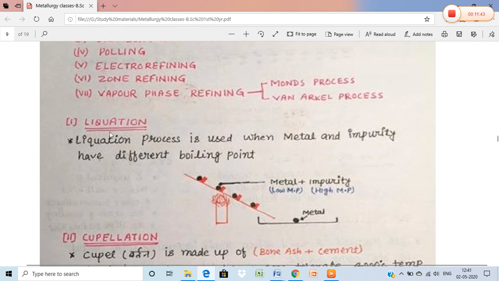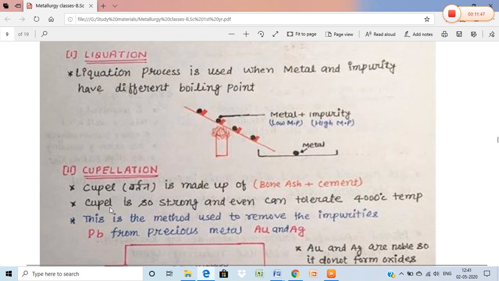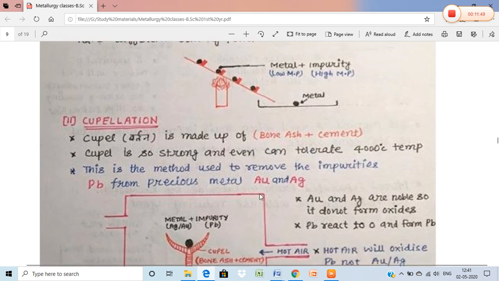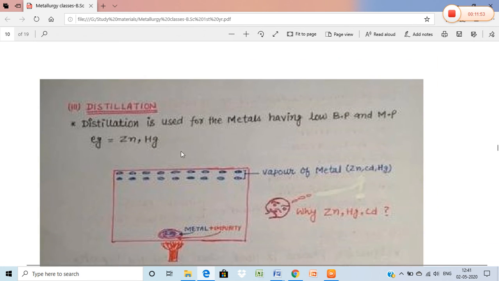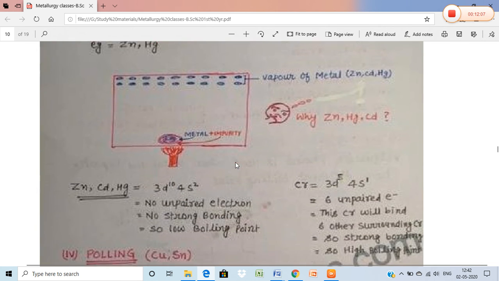This is how we do liquefaction. This is the liquefaction process, and then this is the cupellation process. Now distillation: for liquids or solids having a low melting point and boiling point, we go for distillation, and we can separate the impurities from the pure one using this process.